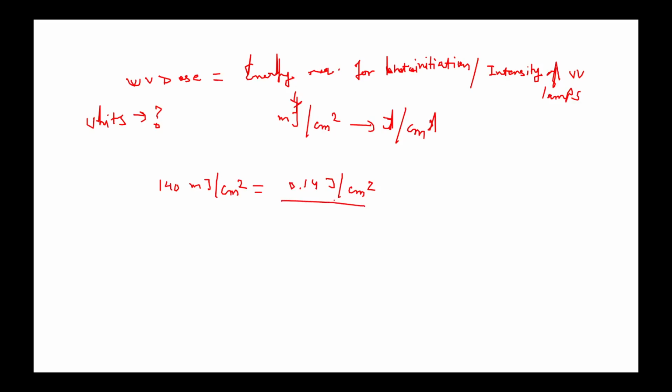Now next you have to convert the intensity. The intensity is given here in milliwatt per centimeter square, to be converted to watt per centimeter square. Got it? So how much is given in the question? 7.5 milliwatt per centimeter square.